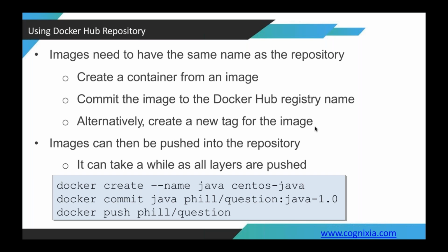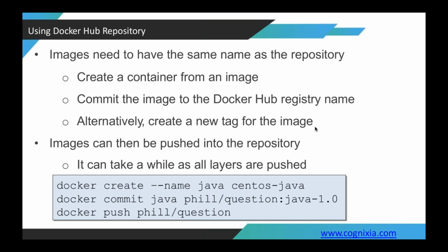So how do you use a Docker Hub repository? You can create your own image using the Docker build command. Once you have created your image, then you can commit the image with the name that you want inside the Docker Hub. By default, it's going to commit the images inside your Docker Hub, so you don't have to do anything extra.